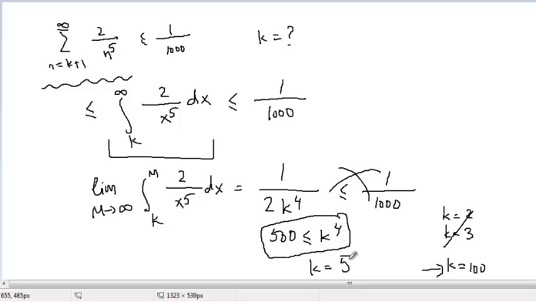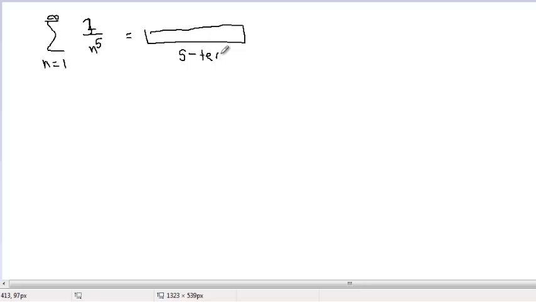So let me summarize it one more time. We were interested in the following sum: summation from 1 to infinity, 1 over n to the 5th. Sorry, I think it was 2 over n to the 5th. And I wanted to find an approximate value that's in 3 decimal places. And we notice that if we separate the first 5 terms, then the remaining term will be summation from 6 to infinity, 2 over n to the 5th.